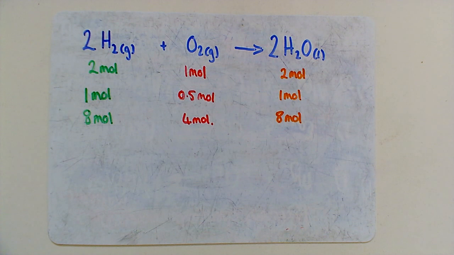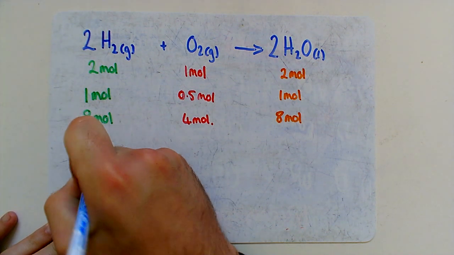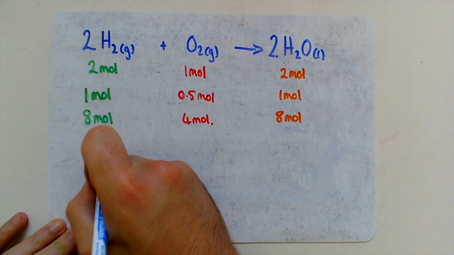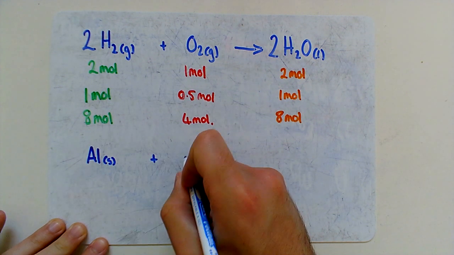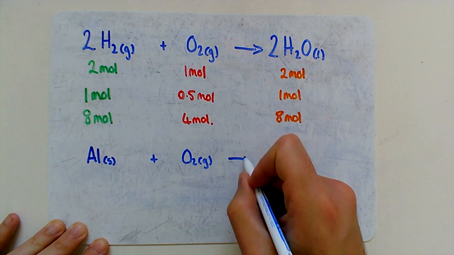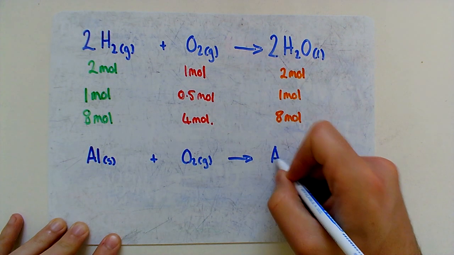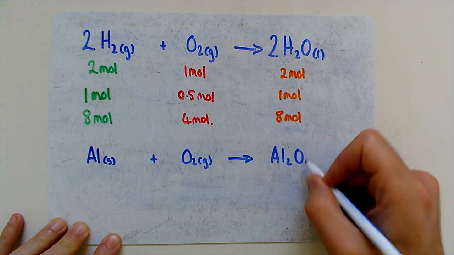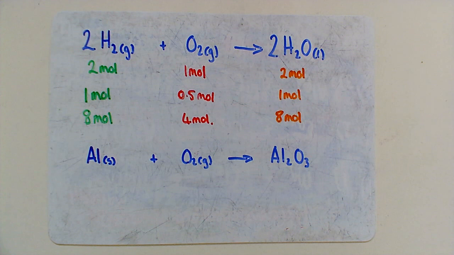And we'll just try one more, a bit more complicated example. I'm going to take aluminium, react it with oxygen, and this time we have Al2O3.